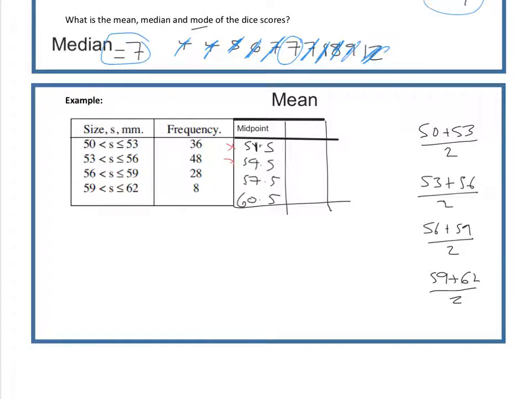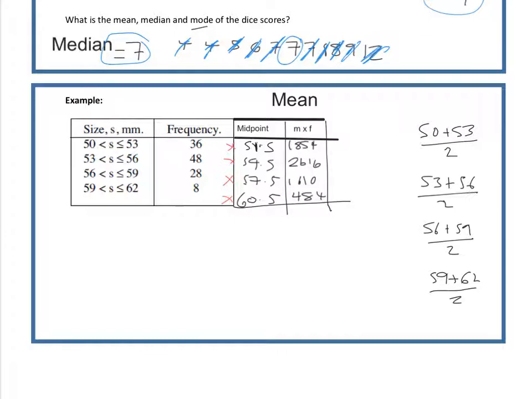So we're going to do 36 times 51.5, 48 times 54.5, 28 times 57.5, and 8 times 60.5. And we're going to put them in this column here, and I'm going to call that M times F, midpoint times frequency. So I'm now going to calculate them. I'm going to do it on my calculator.